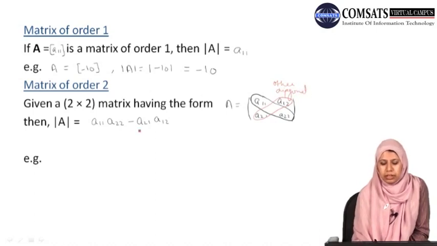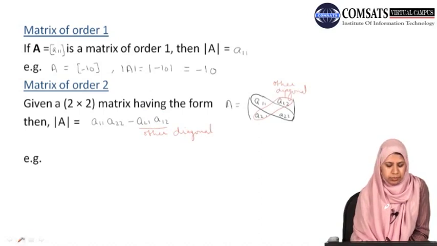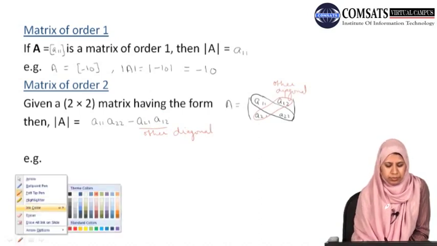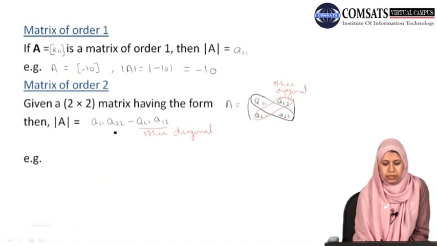Then we subtract the product of the other diagonal, A21 and A12, from the main diagonal.